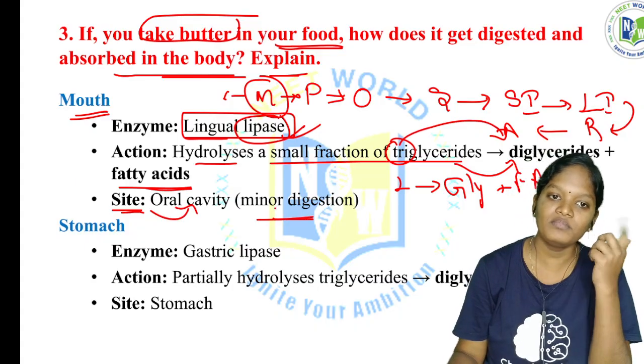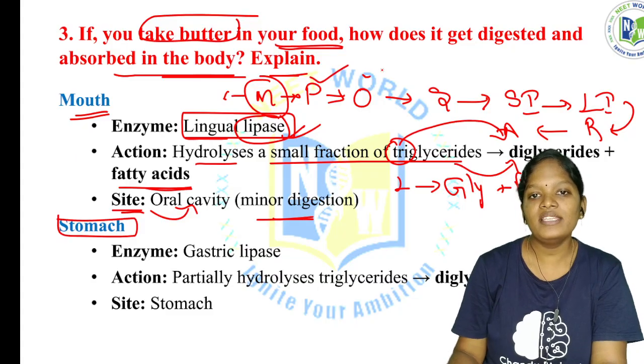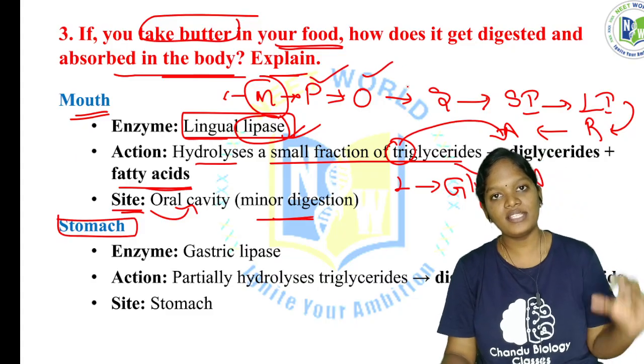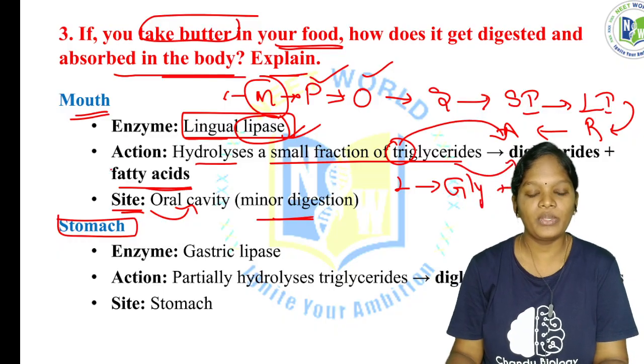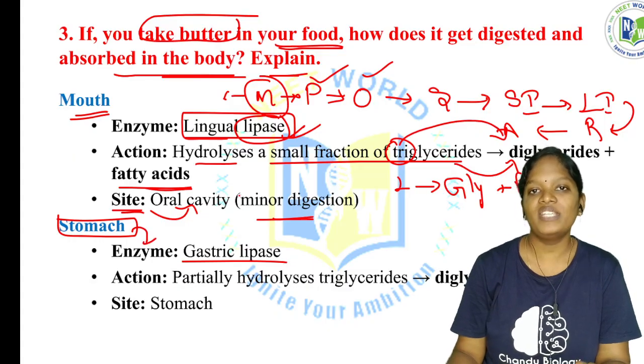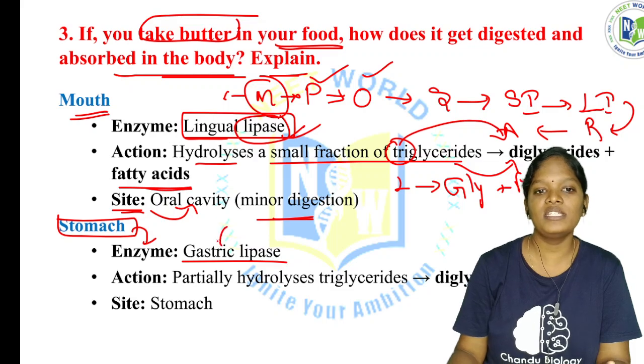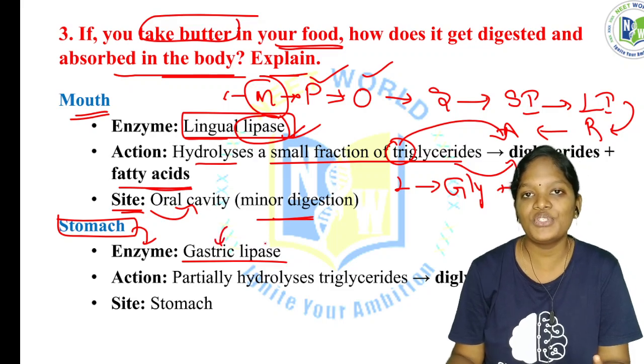Now, what about the stomach? The pharynx and esophagus are considered just a pathway for the food. So in the stomach, what is the name of the enzyme? That is the gastric lipase. If it is present in the mouth, we call it lingual lipase. If it is present in the stomach, we call it gastric lipase.